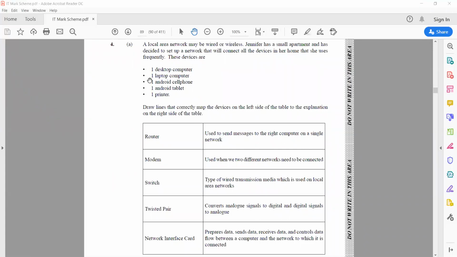What we could do to make typing a little easier, you could call the devices by name, router, modem, switch, etc., and the descriptions you could use numbers 1 to 5, right?